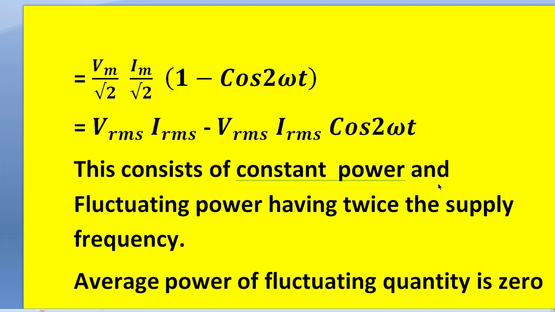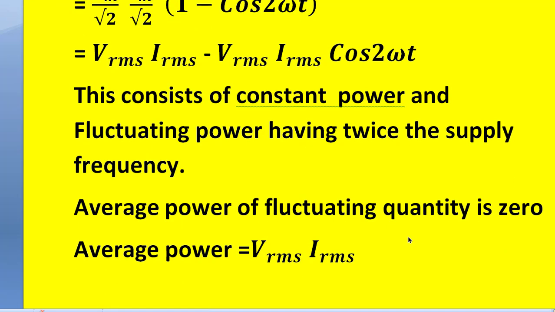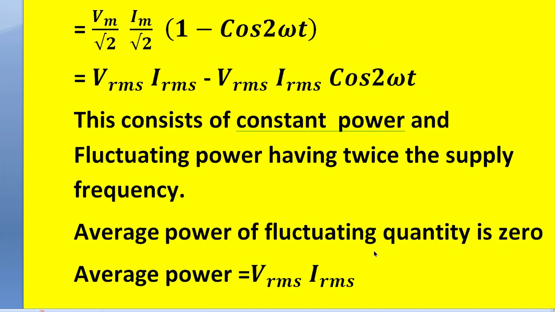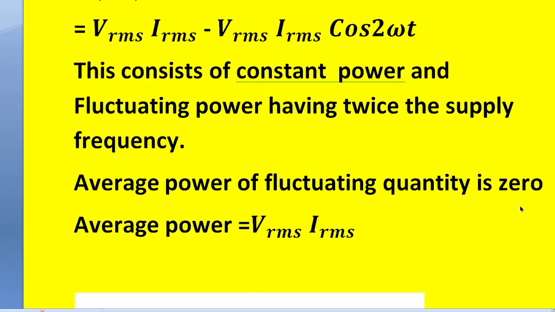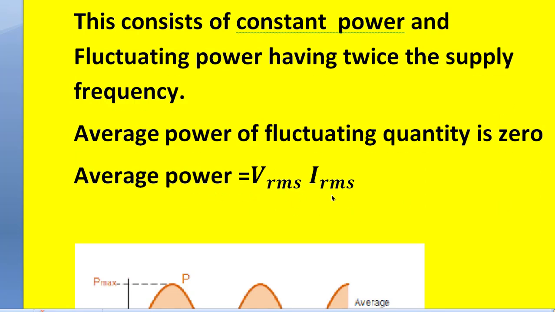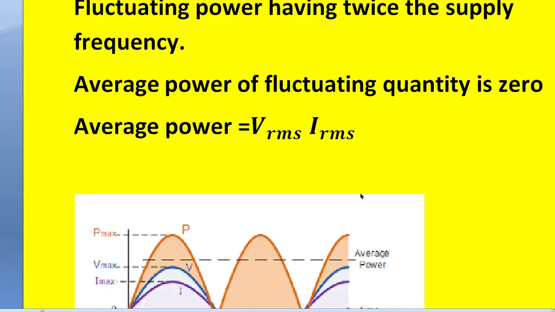This constant power we call the average power, represented by Vrms Irms, whereas the second term is a fluctuating quantity whose frequency is twice the supply frequency, that is 2 omega. If we calculate the fluctuating power over a cycle, it will be 0. And the average power we can write as Vrms Irms.